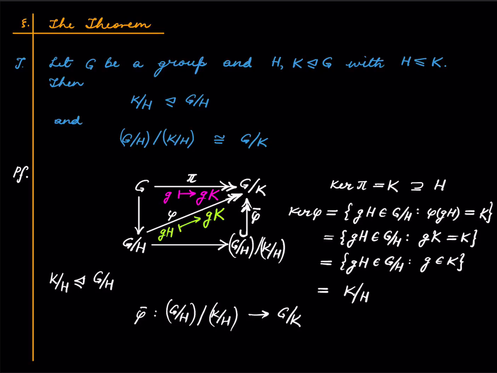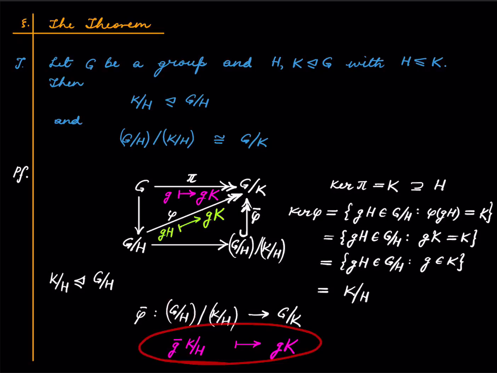So we have obtained an isomorphism, and the description of this isomorphism, well, it's going to look a little bit ugly, but there's a way to write it in which it doesn't look so ugly. So it just takes G bar K mod H to GK, where G bar denotes the left coset of H corresponding to G. So G bar is just GH.